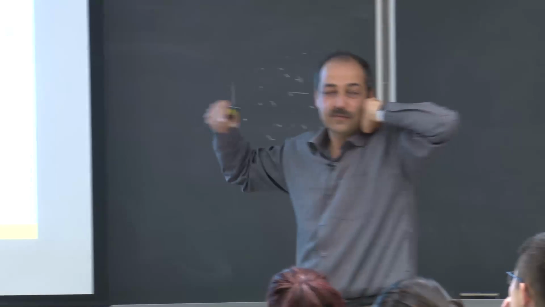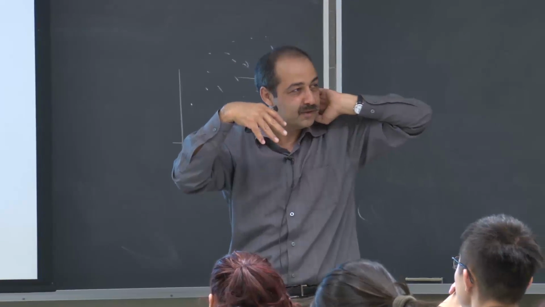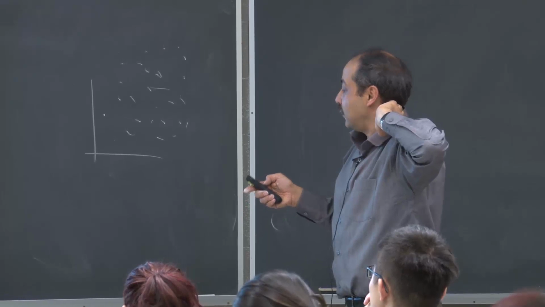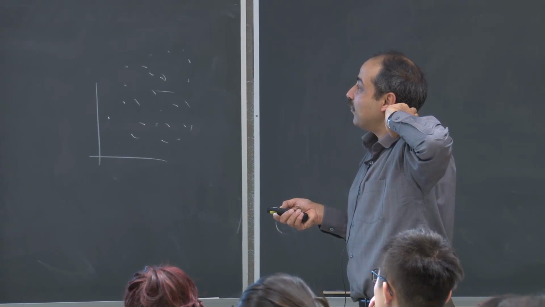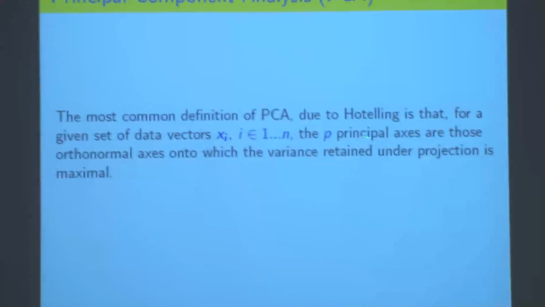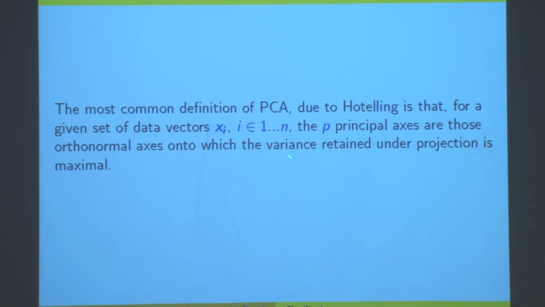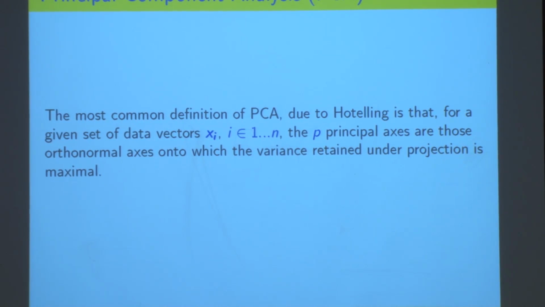So the problem that didn't have a solution for 100 years all of a sudden had 2 solutions, and after that, many other solutions. Okay, so that's the most common definition of PCA. For a given set of data vectors, when you have n of them, the P principal axes are those orthogonal axes onto which the variance retained under projection is maximal. Okay.